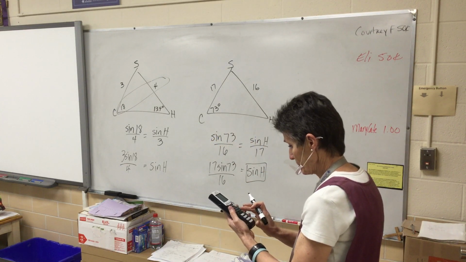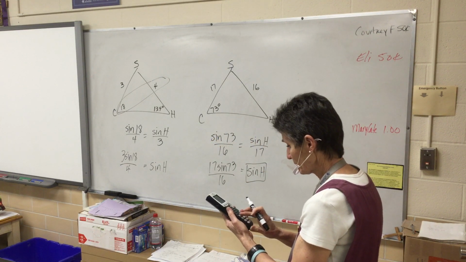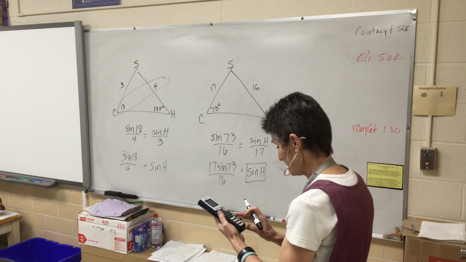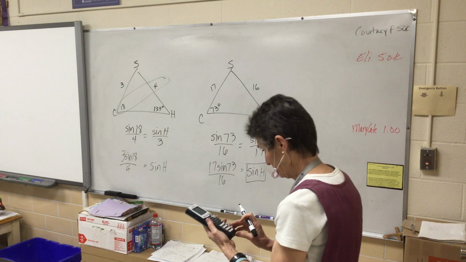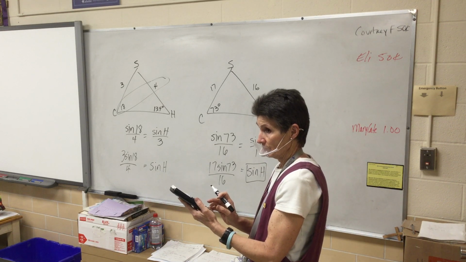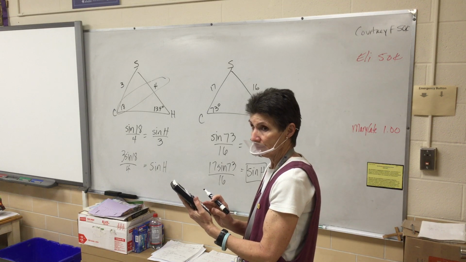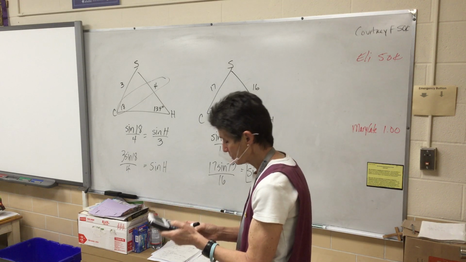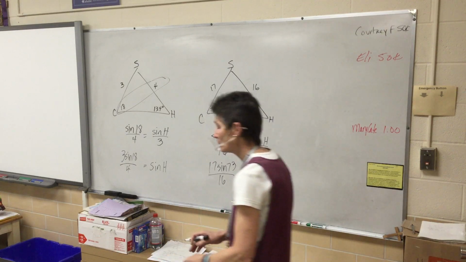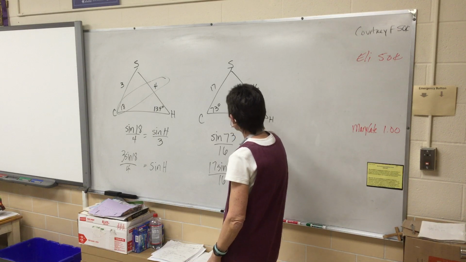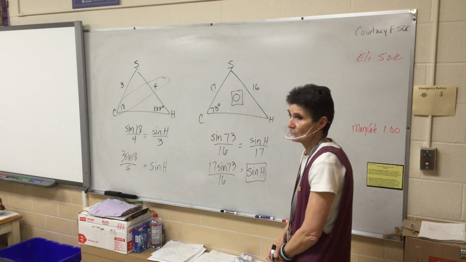So inverse sine, 17 sine, 73 close parentheses, divided by 16. Uh-oh. Did you get an error? What does that mean? No triangles are possible. The calculator will just tell you there's no triangles possible. None at all possible for that.